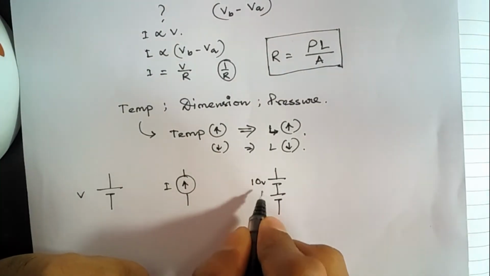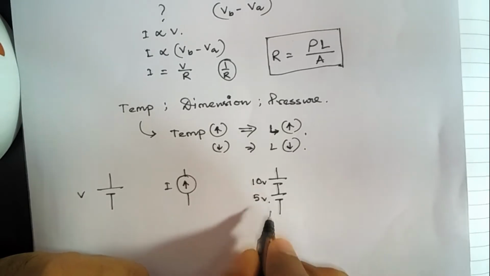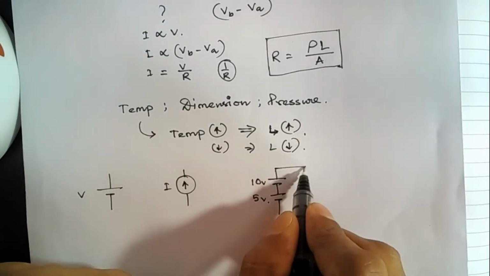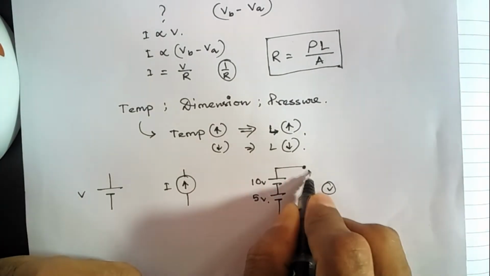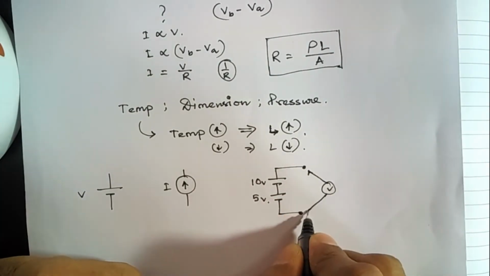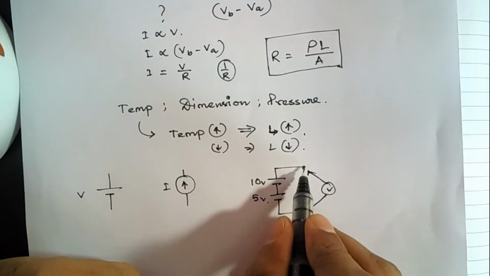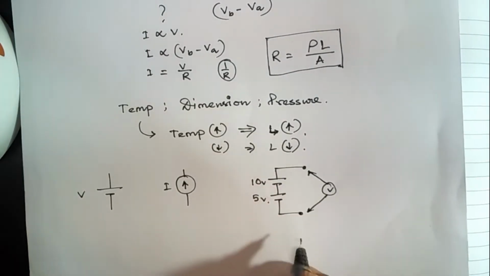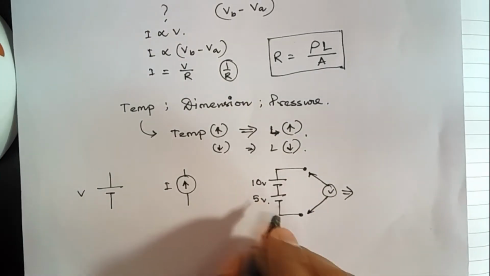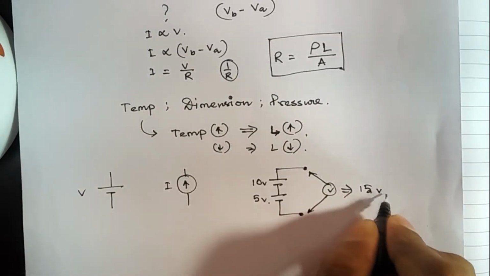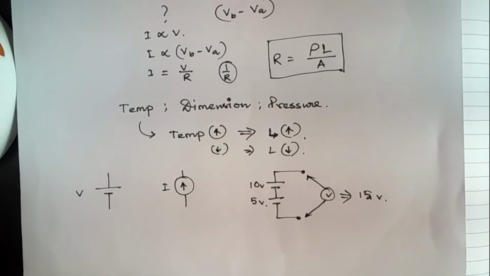Let's say this is 10 volt, this is 5 volt, and we have connected a voltmeter on these two terminals, and the voltmeter shows the voltage is 15 volt, right?